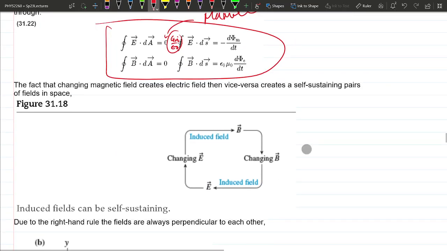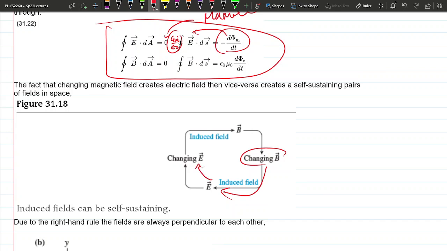What you should think about when you see these equations is that a changing magnetic field creates an electric field. But that means the electric field is changing, so that causes the electric field to change.